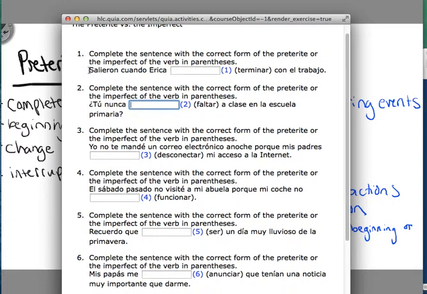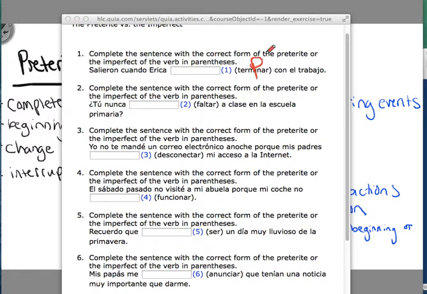So let's look at the first one. Salieron cuando Erica terminó con el trabajo. They left when Erica finished with work. A completed action, okay?